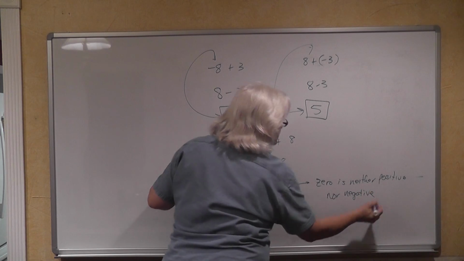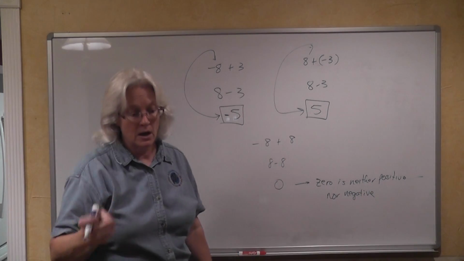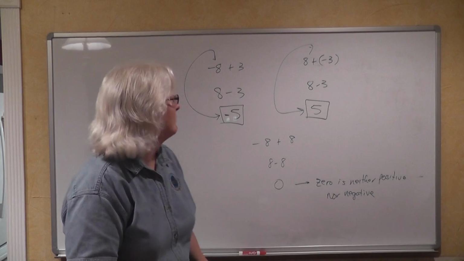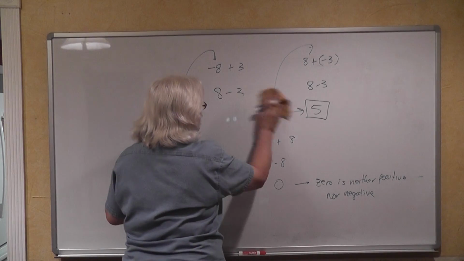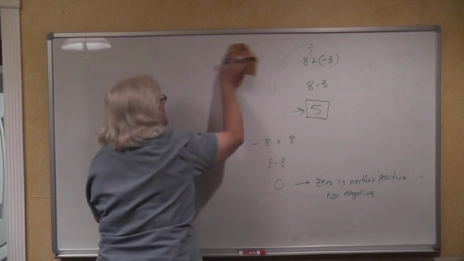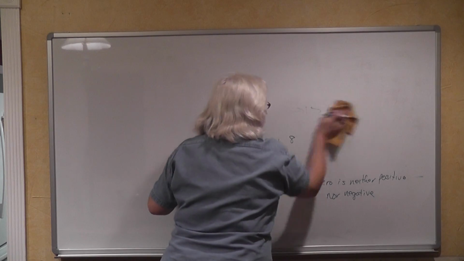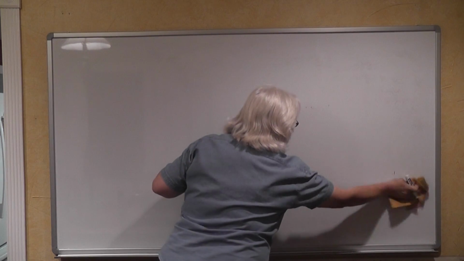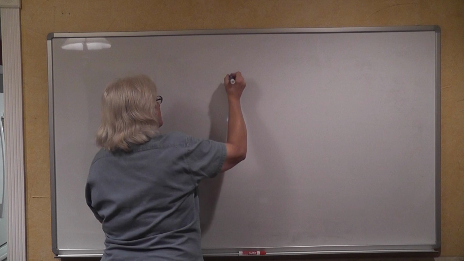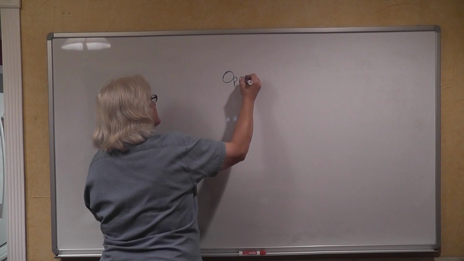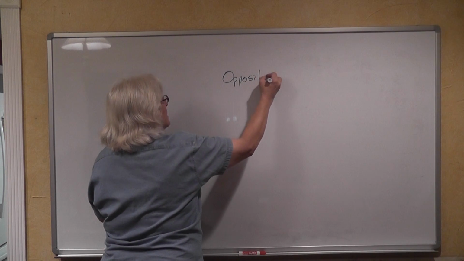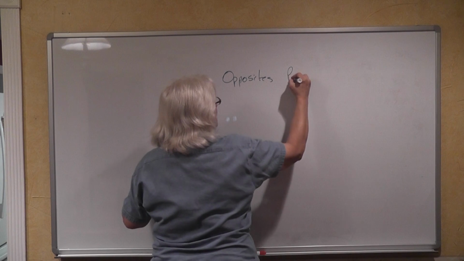So the opposites property of addition, and you have to know this, tells you that if you add a number and its opposite together, their sum will always be 0. Opposites property of addition.